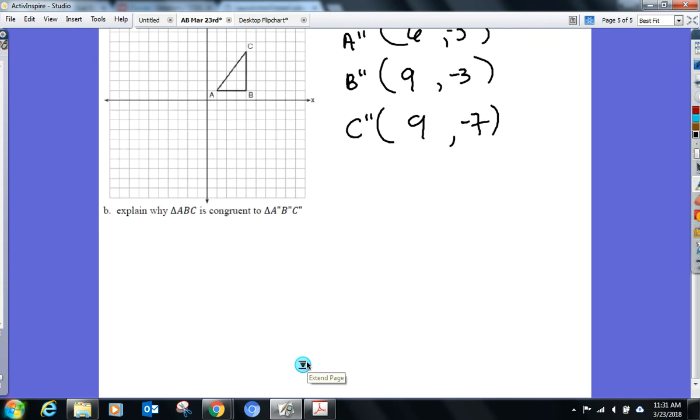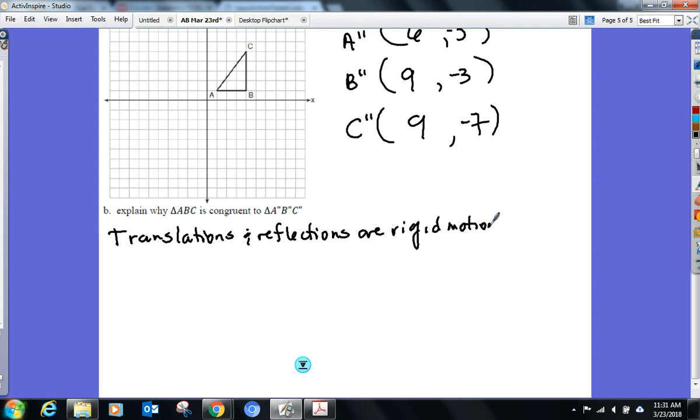No blanks here. What's a good explanation why they're congruent? What did we do? What 2 transformations did we just do? Translations and reflections are what? Are rigid motions, which preserve distance and angle measure.